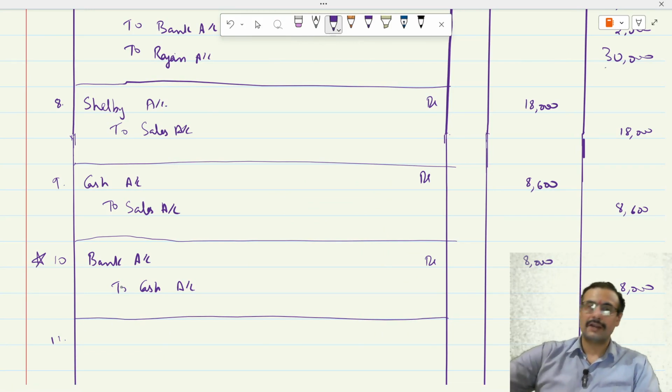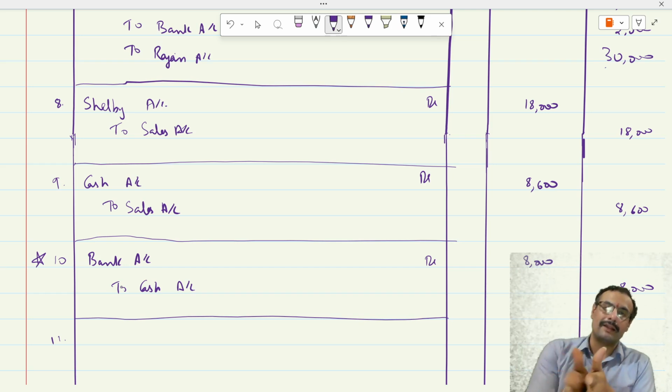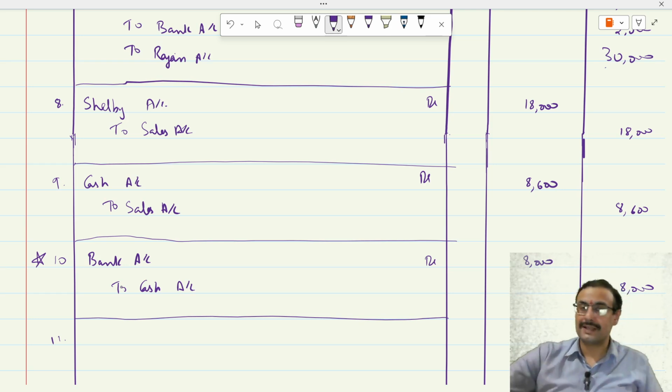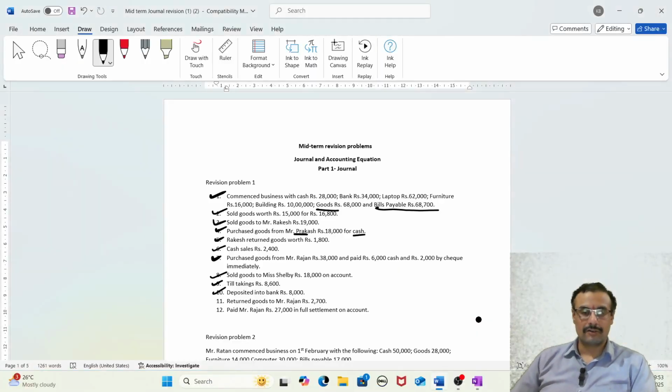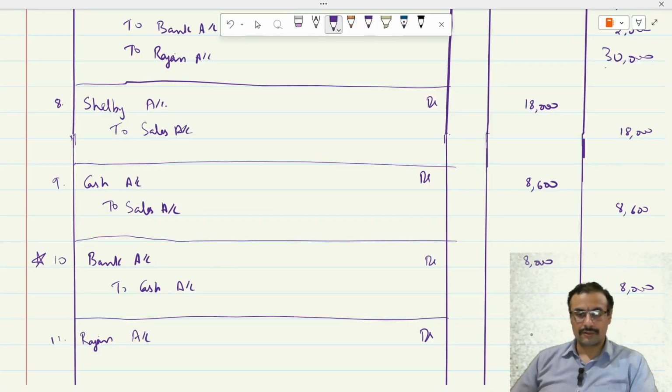If we are going to return it back, I need not pay Rajan to that extent, right? So if I am not going to pay, a rupee saved is a rupee earned. So purchase returns will be my income. And I need not pay Rajan to that extent, so the liability is decreasing. So Rajan account debit. Liability decrease means debit. Rajan account debit, it is 2,700.